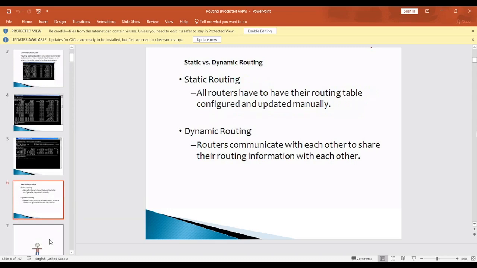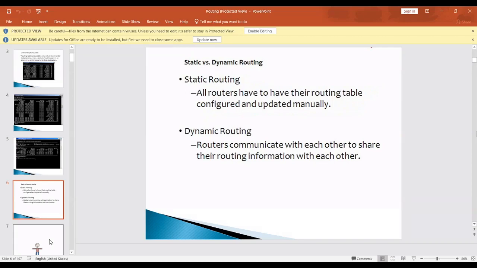So likewise, you can see that kind of information. As I said earlier, routing can be divided into two main parts. One is called static routing, and the other is called dynamic routing. In static routing, all the routers have to have their routing tables configured and updated manually.